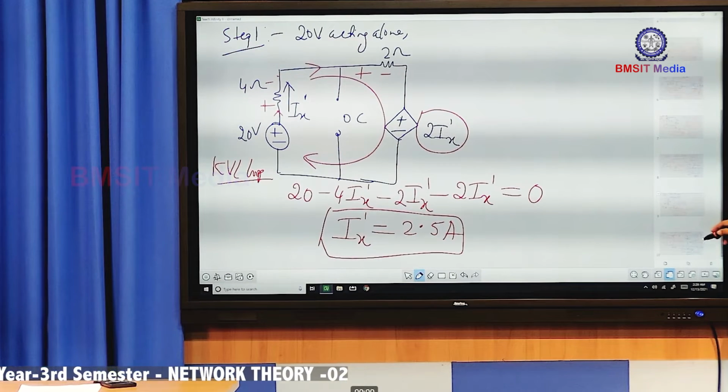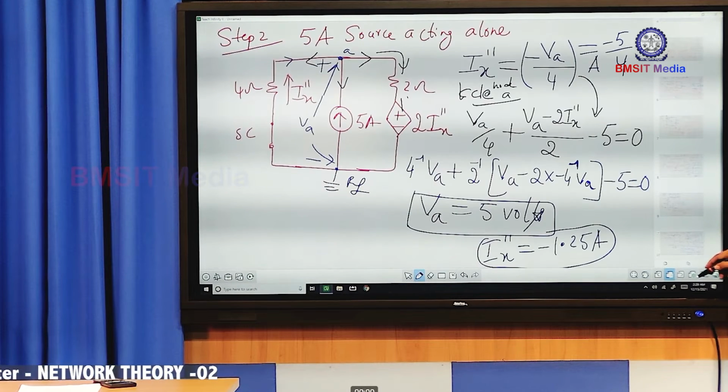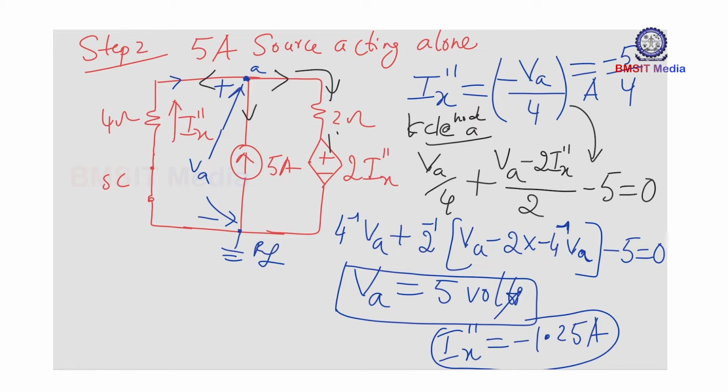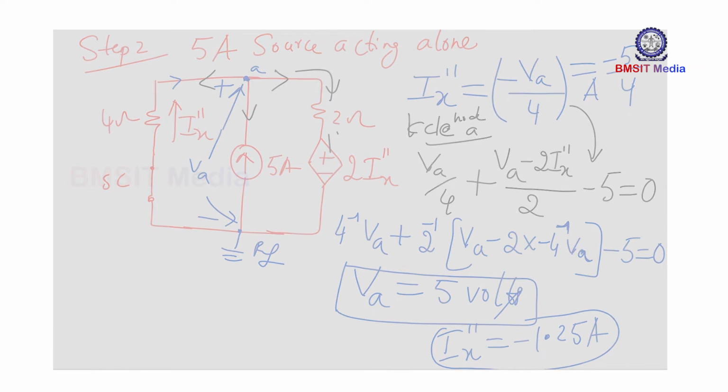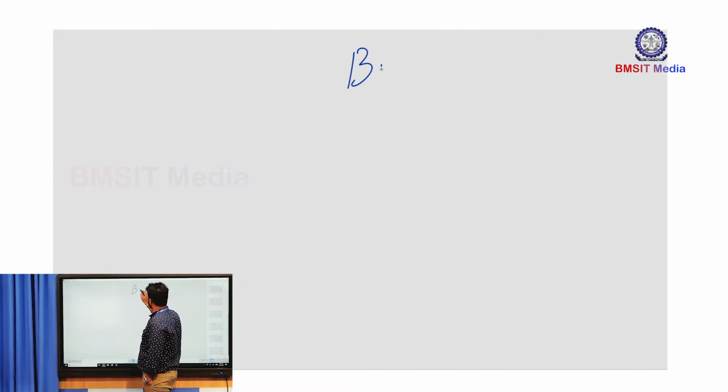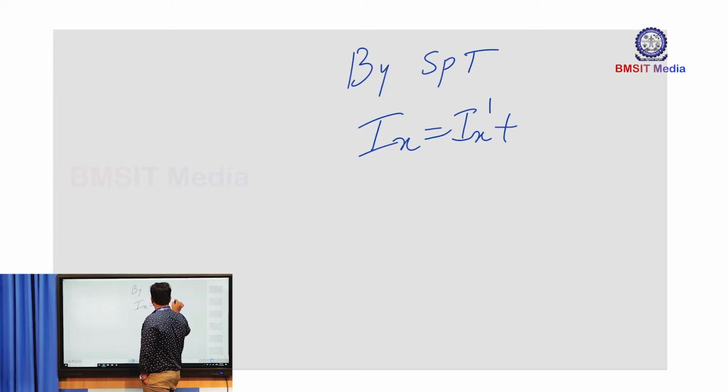So find out what is the net result here. By SPT, superposition theorem, you can write the resultant Ix is Ix plus Ix dash plus Ix double dash.